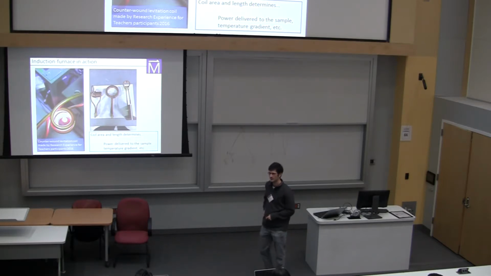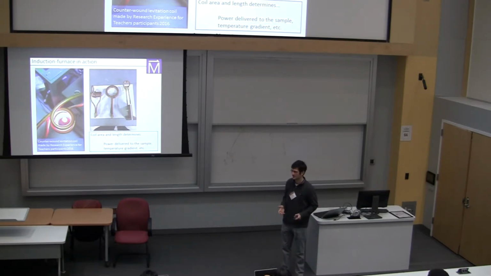If you're not familiar with Research Experience for Teachers, this is a program where teachers at any level come and spend time in your lab for the summer. These two who were working on this, one was an elementary school teacher and one was a middle school teacher. So they had basically no experience in a science lab, and yet they were able to do this with just a little bit of guidance. So I guarantee that graduate students can build this, no problem.